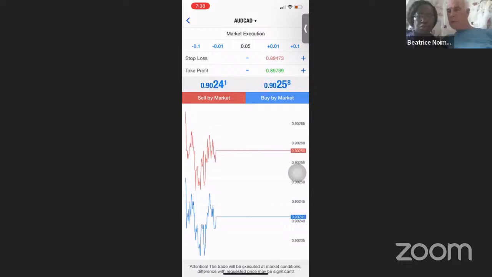Okay, I have a question. The invalidation level. I understand that if it goes that direction, you can exit out by the stop loss. Do you have to wait for that number, or can you do the stop loss earlier? Good question. For me, as soon as I see I'm making money, I personally sometimes exit.